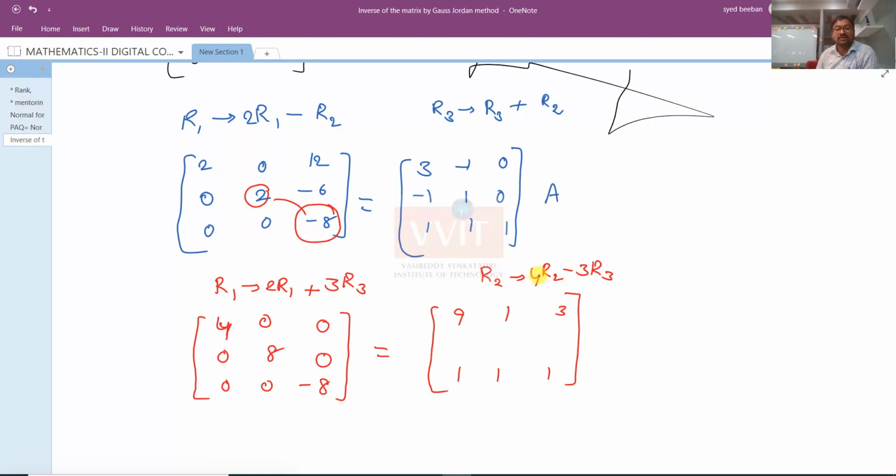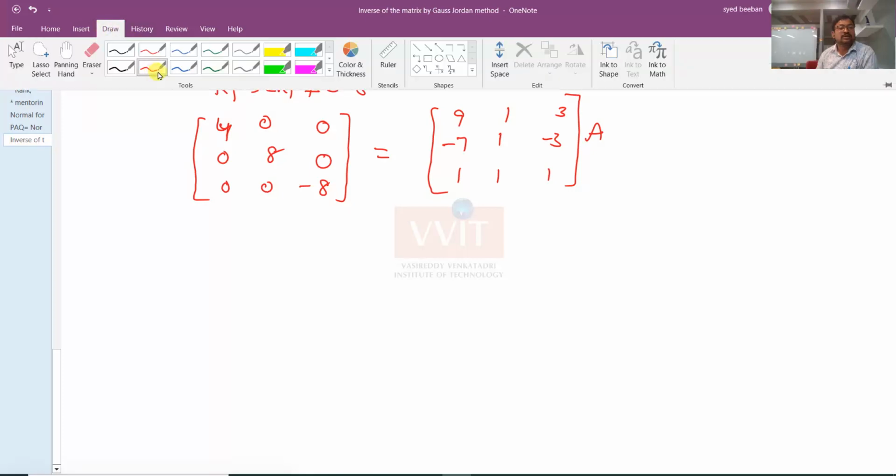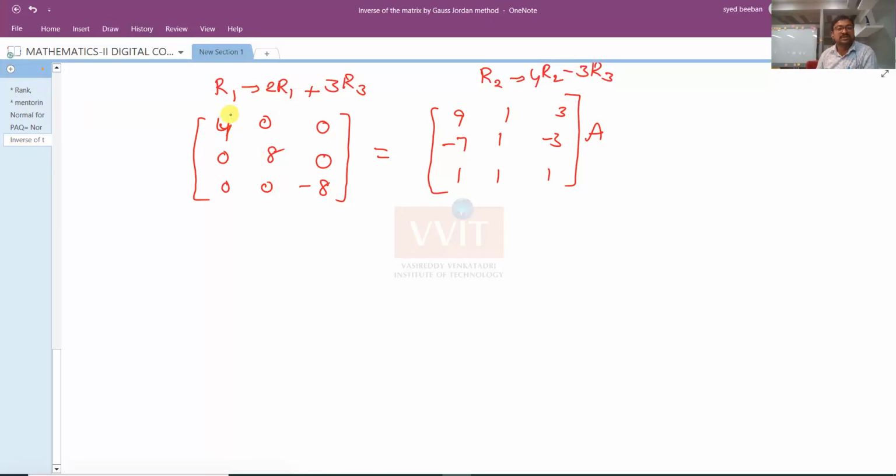Second row here: 4 R2, multiplying this with 4. 4 R2 is minus 4, minus 3, minus 7, and 4 minus 3 is 1, 0 minus 3 is minus 3, A. Now if you check properly, this became a diagonal matrix, but the principal diagonal positions are not ones.